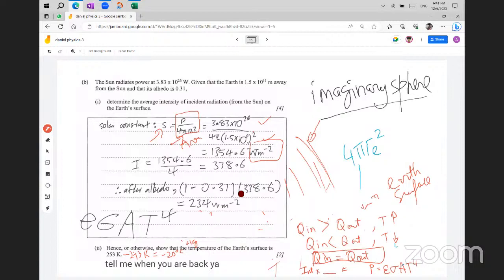It's a black body thingy. E is in the Stefan-Boltzmann law. It's a value between 0 and 1. It's called emissivity. So what's the emissivity of Earth? I don't think they tell you, but emissivity has something to do with the albedo.